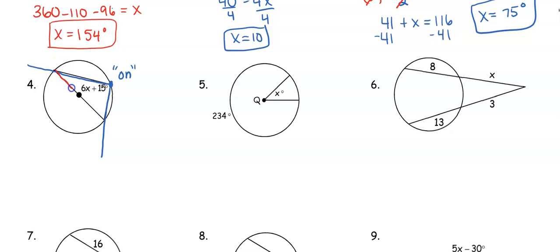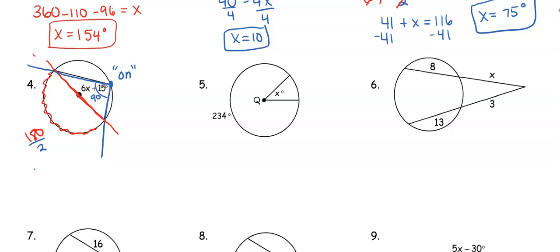I notice that I have a chord that goes through the center. That is your diameter. That is half of the circle, which means that this is 180. Because this is half of the arc, we take that and cut it in half. That means that this angle right here is going to be 90.